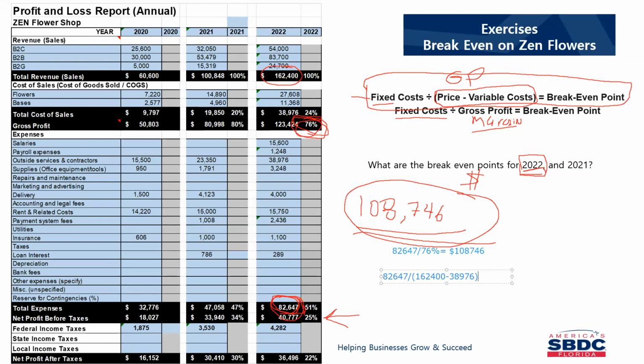Okay, that will give you 60 times 100, which will give you equal to 67%.